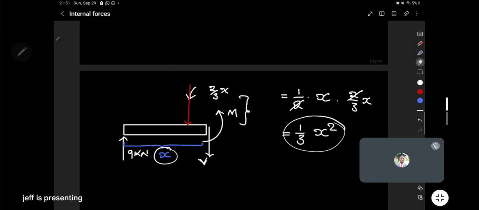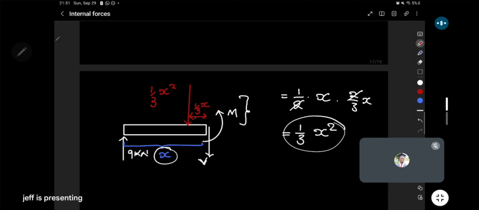We don't need this anymore now. All we know is that the distributed load will be represented by 1 over 3 x squared. It will be concentrated at this point, and this point is some distance from this edge. And what will be this distance? This distance is also 1 over 3 of x.